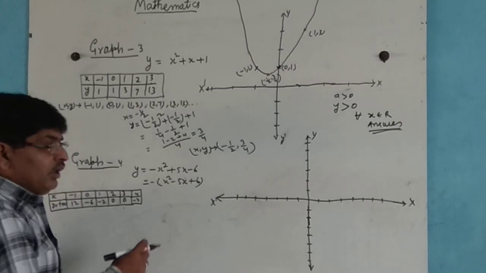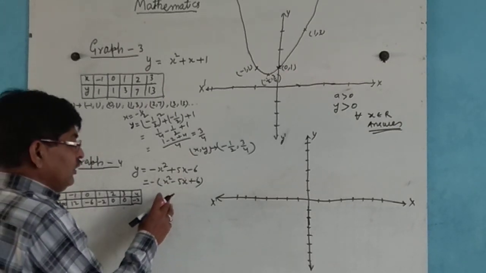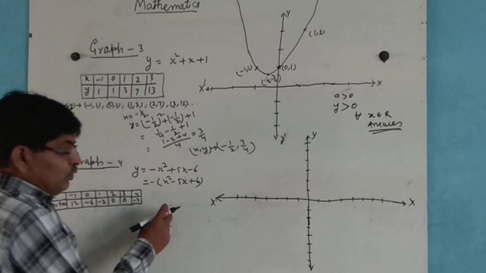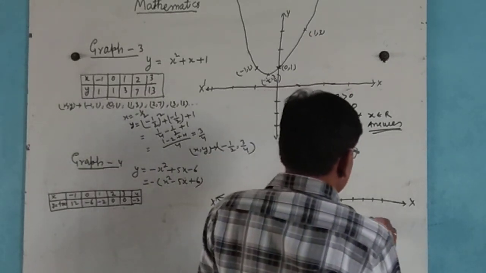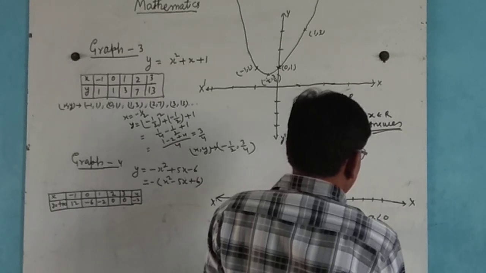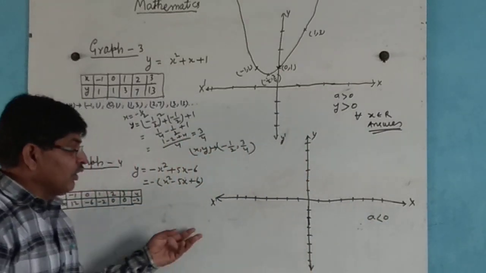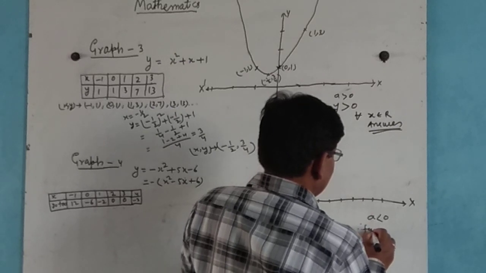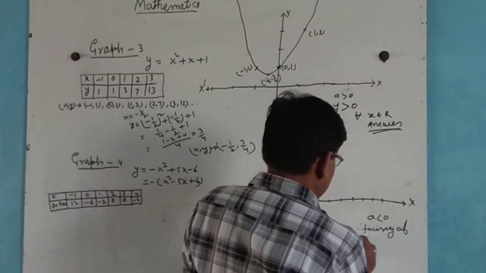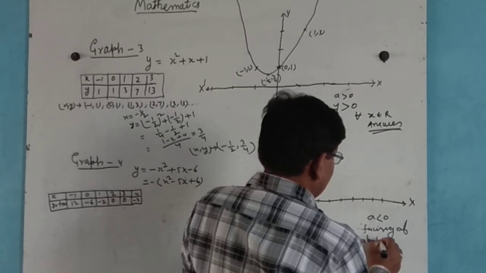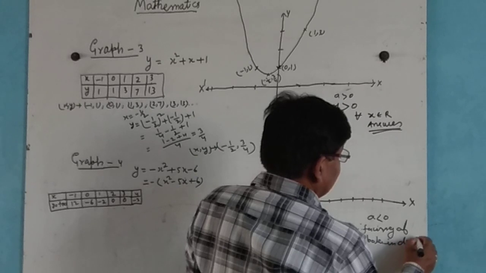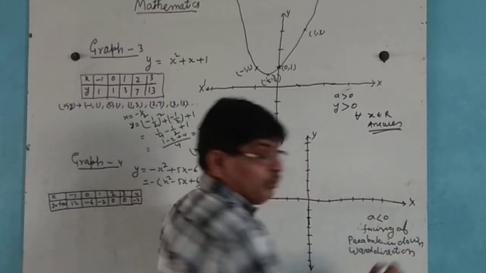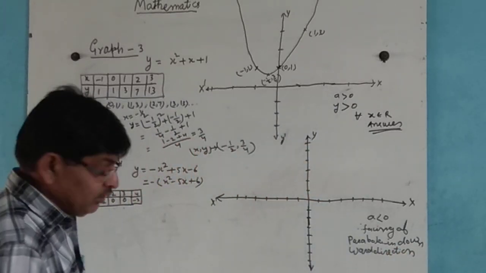Here comparing with ax square plus bx plus c, it means that a is negative, a less than 0, so the parabola is facing downward direction. Now plot this.